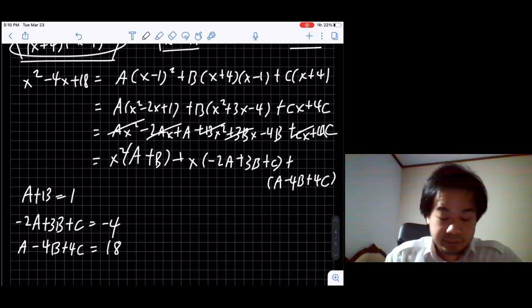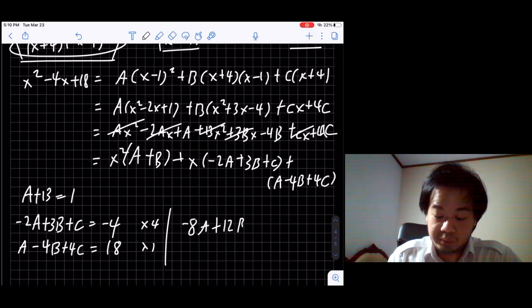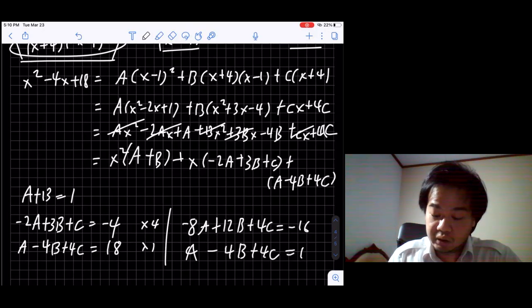Let's do it together. Multiply by 4, multiply by 1, so I will have negative 8a plus 12b plus 4c equals negative 16, and then this is a minus 4b plus 4c equals 18, and then I perform the subtraction.